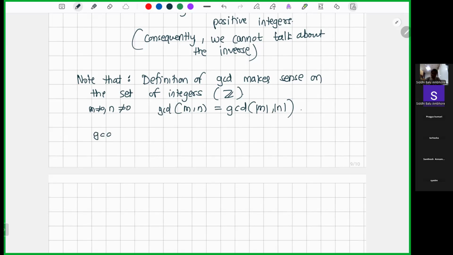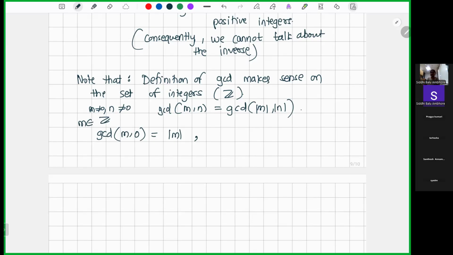But how to define GCD of M with zero? Because zero belongs to the set, right? It is mod of M. For any M in Z, GCD of M with zero is just mod of M. So GCD of -2 and 0 will be just 2.